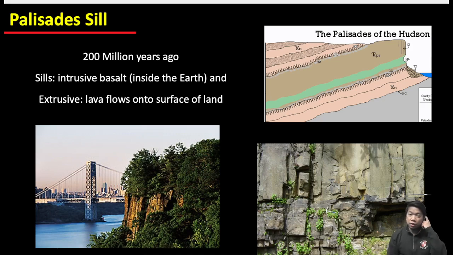Before talking about lava flows, we do also have some igneous intrusion, which is represented by the Palisade Sill. The Palisade Sill formed about 200 million years ago. That's the age of the Palisade Sill. And remember that sills are intrusive igneous rocks, meaning that these rocks form at the deeper parts of the basin, underneath the surface of the earth.